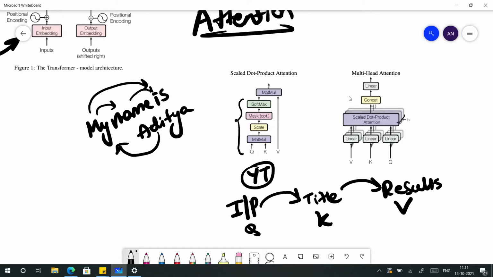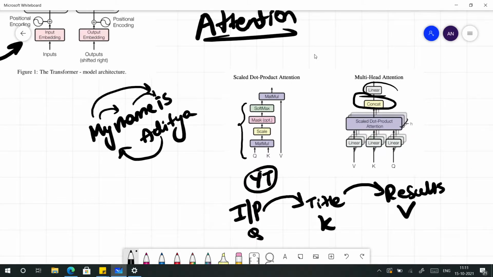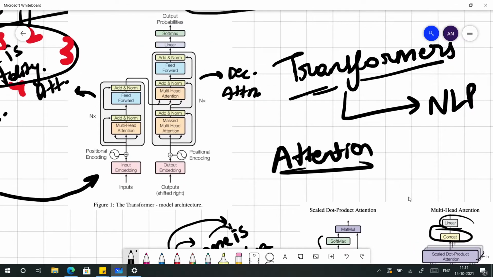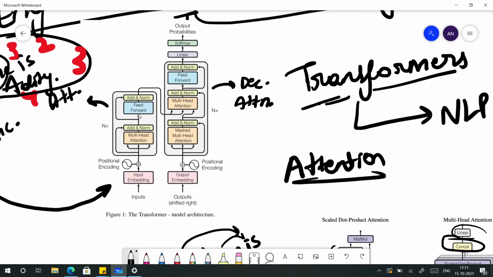Again, all the layers will be concatenated and will form a linear network. That network will be feed forwarded with some skip connections and sent as an input to the decoder attention as key and value vectors. This is key, this is value, and this will be our query vector.